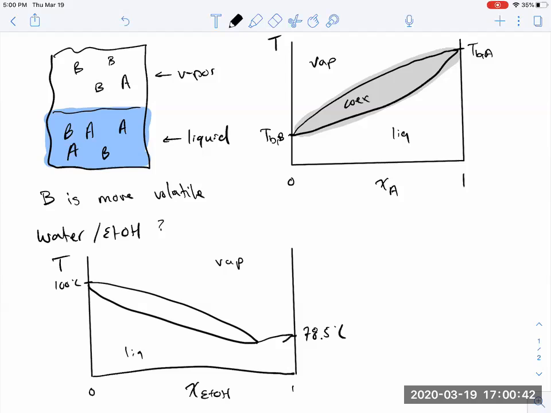But what's kind of interesting is that for the case of water and ethanol, there's a little more structure. There's a point here at 0.96 mole fraction of ethanol and about 72 degrees C temperature, known as an azeotrope.